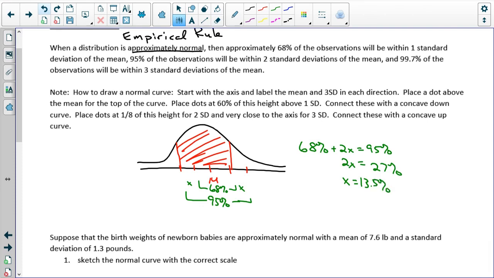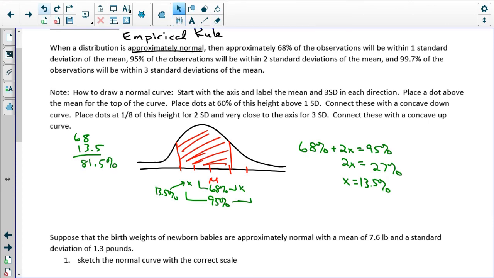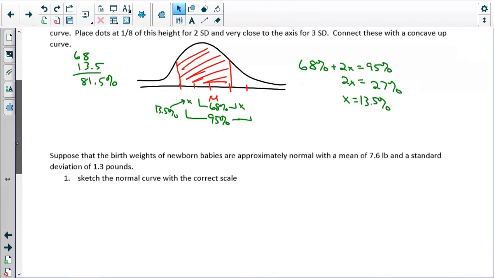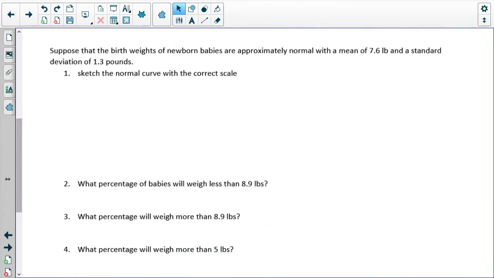Since I need this x in order to figure out my shaded region, that's 13.5%. And so I add 68 and 13.5, and I end up with 81.5% of the data in this red shaded area. So there will be questions like that that you have to figure out.